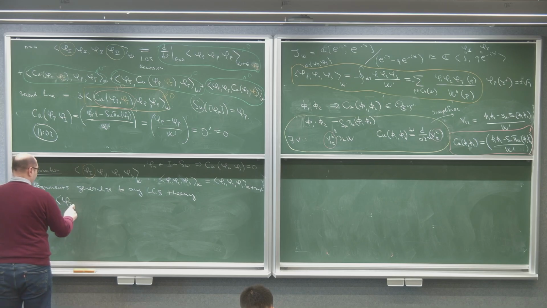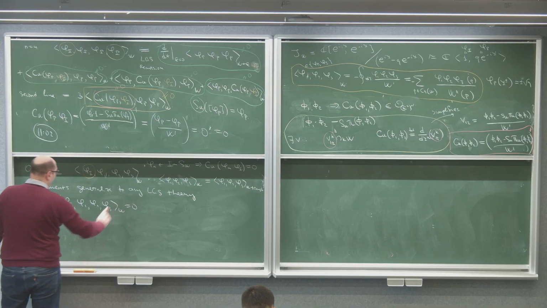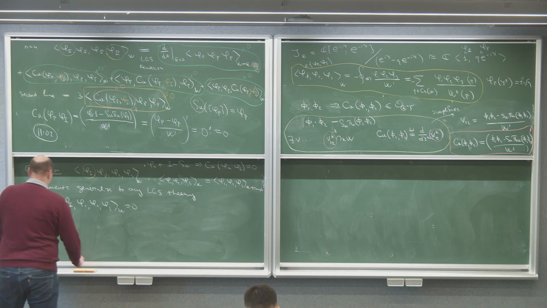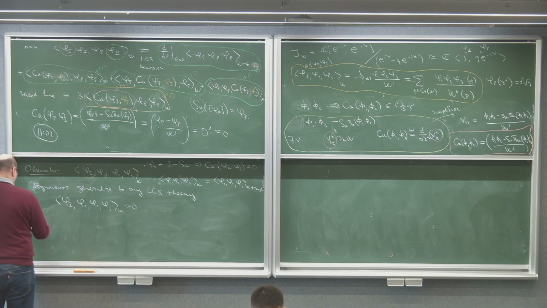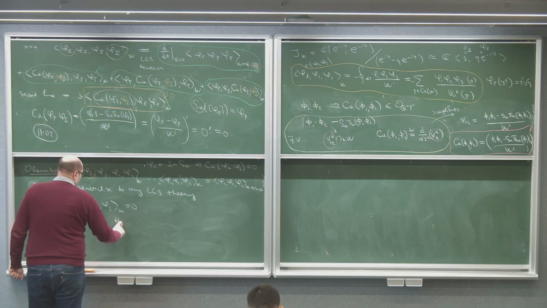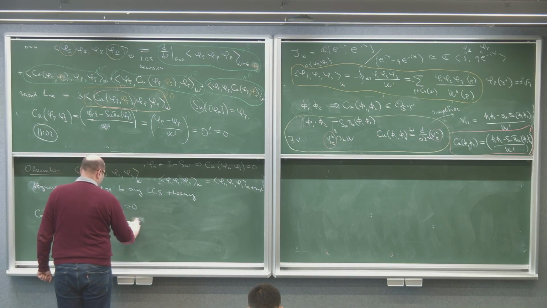That gives us that the correlator of phi I, phi 1, phi 2, phi 3 is 0, and then invoking recursion, you can argue that this can be further generalized to higher-point functions.